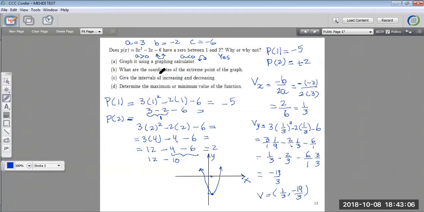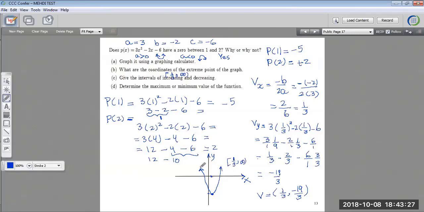For increasing then, I'm going to use brackets, 1/3 all the way to infinity. This is where your function increases, from 1/3 to infinity.